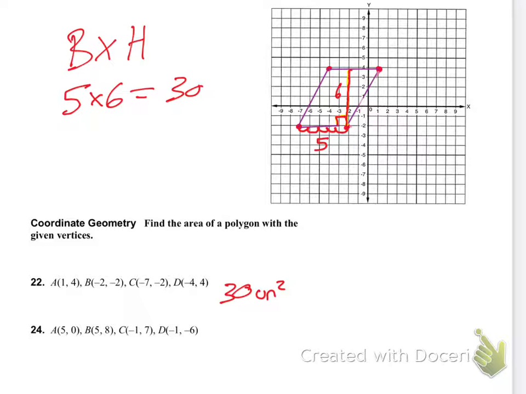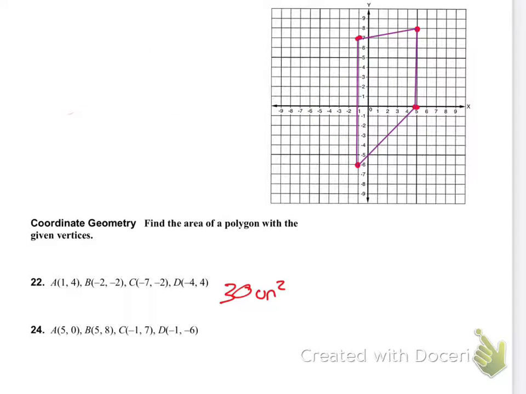Let me graph the next one real quick. All right, so I graphed this next one, and as you can tell, I can't really find the distances except for on this side and this side, but they're not the same. So what I would advise you to do is cut it up. Or, instead of cutting it up, find your 90-degree angle.